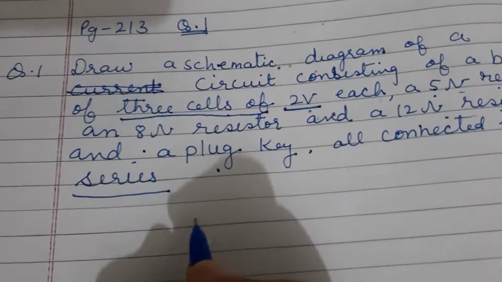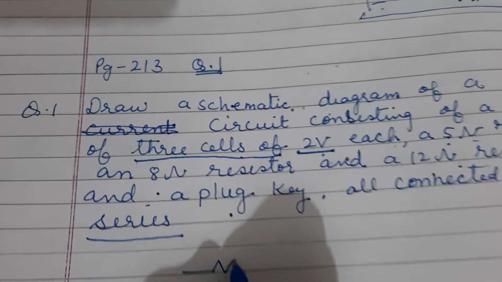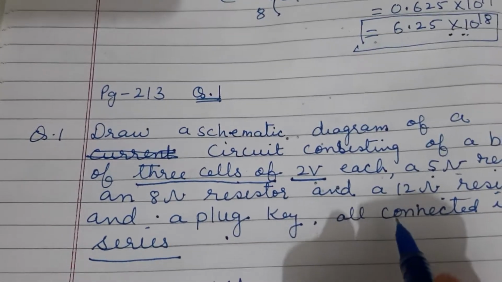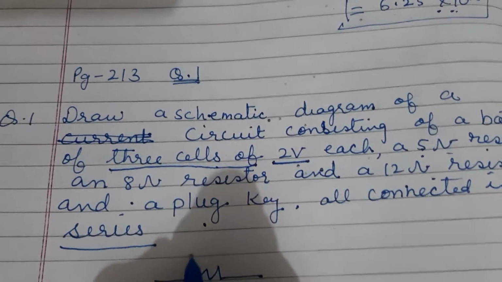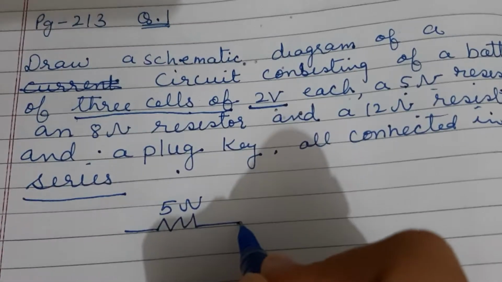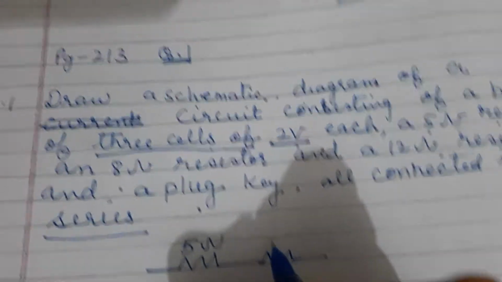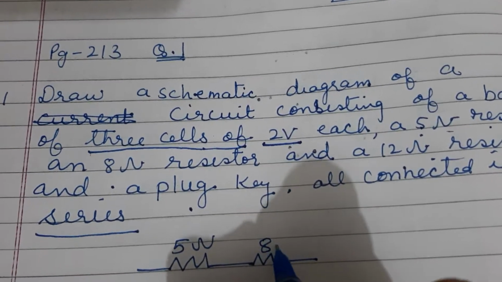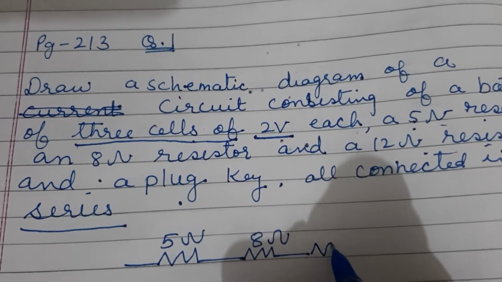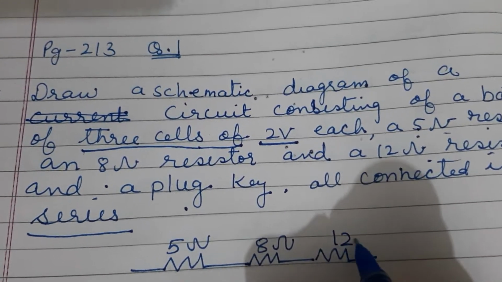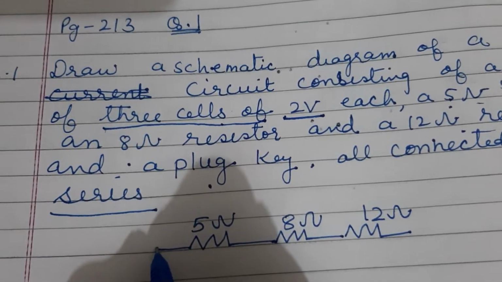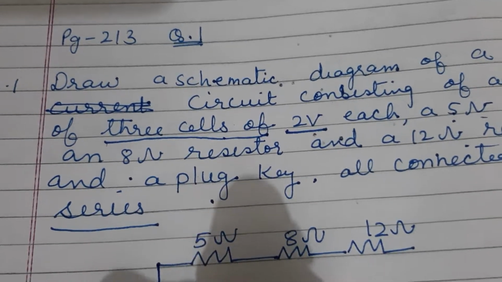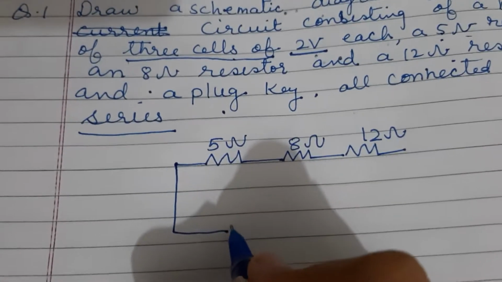So first, the 3 resistors. The first resistor value is 5 ohm. Second, again series combination, so we have to connect them end to end. Second is 8 ohm. Third resistor value is 12 ohm. Now we have to take a battery in which 3 cells are there.